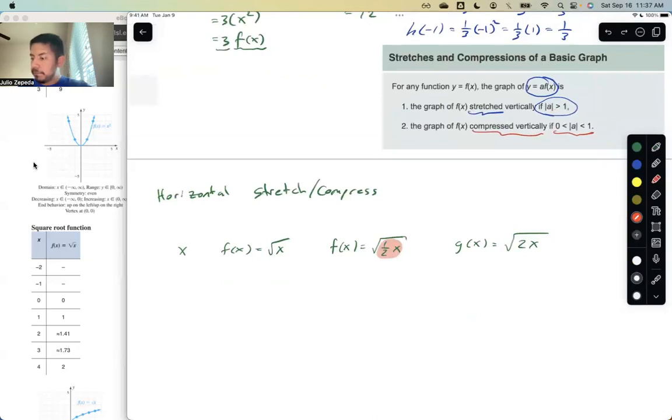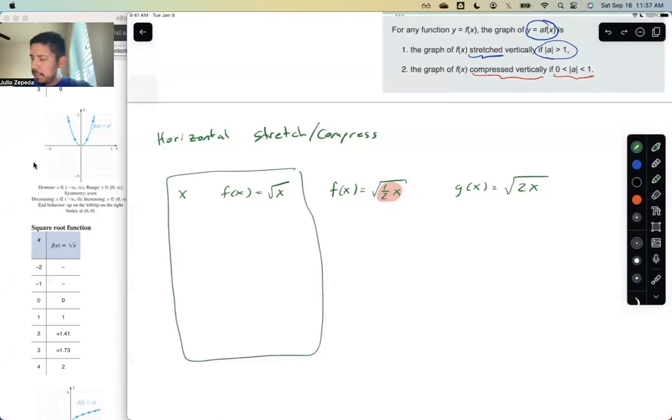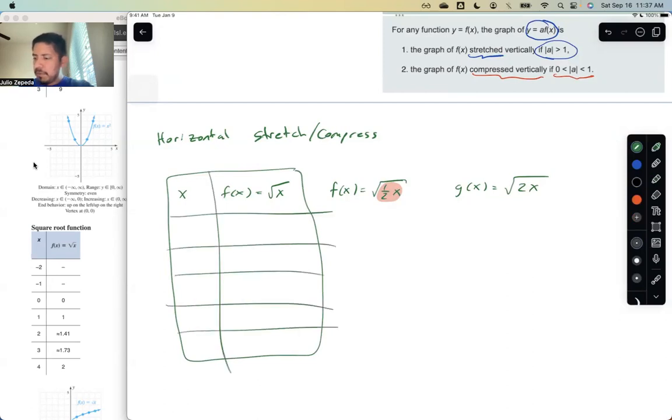Let's take a look. So we have now mastered the square root function, so we can draw a table for it really easily. Now this one here, we have to be a little careful on what values we choose.